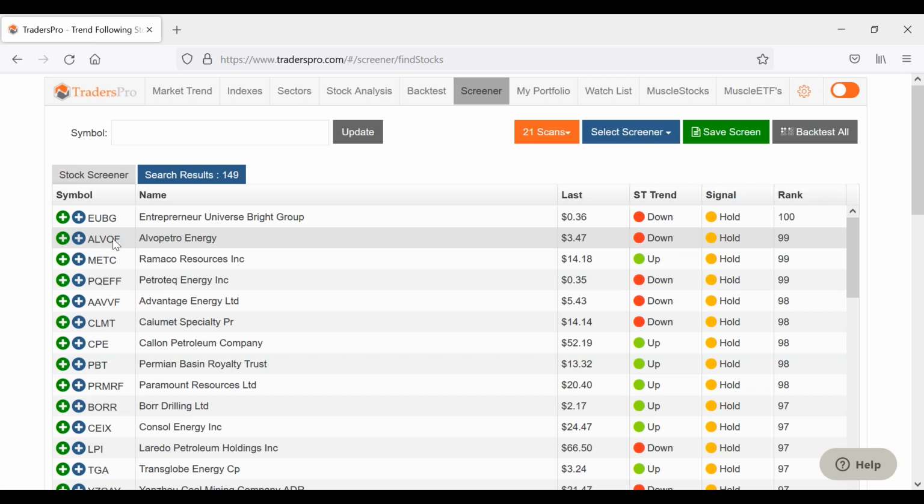I don't have to know what the companies do, but if I feel like oil is going to go higher, I feel much more comfortable getting into Marathon Oil or Devon Oil as opposed to this PQEFF that I've never heard of.